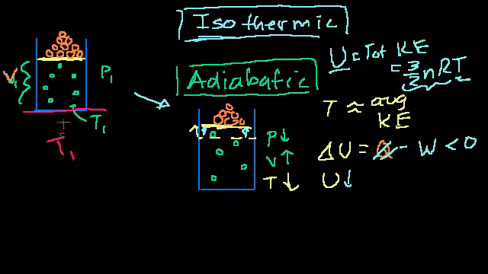Even if I took two things of comparable size, let's say A, that's at temperature A, and this is temperature B, and I put them next to each other, they're going to average out to A plus B over 2, whatever their temperatures are.